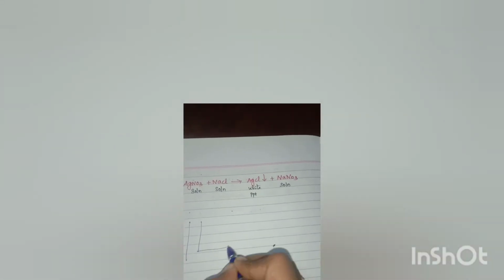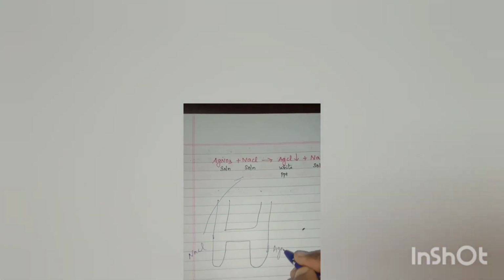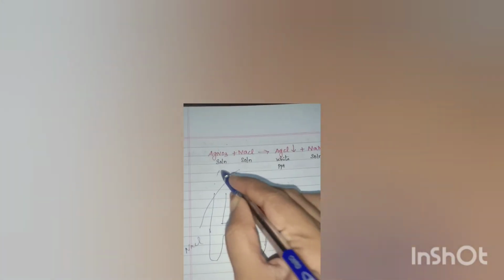Again I will explain. In the H-shaped tube, sodium chloride solution, NaCl, is taken on one side, and AgNO3, silver nitrate solution, on the other.